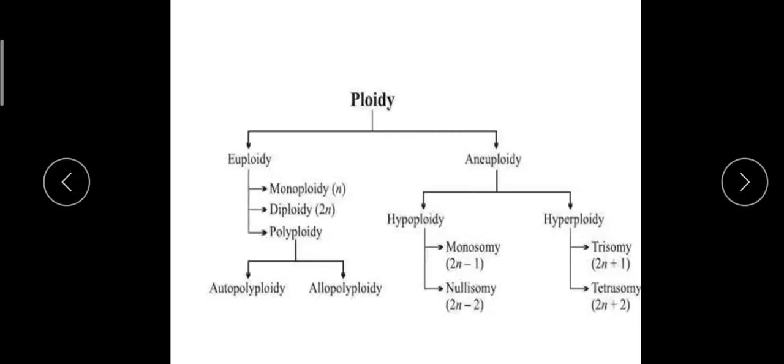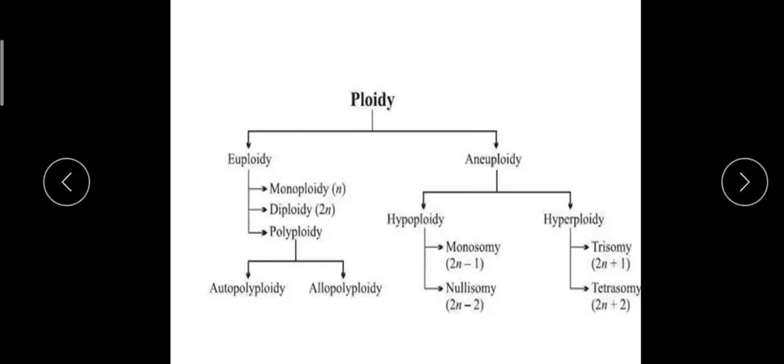Just briefly, haploidy is the condition found in the chromosome number of the gametic cells, while diploid organisms have their somatic chromosome number as the diploid number, and monoploid is the basic chromosome set.